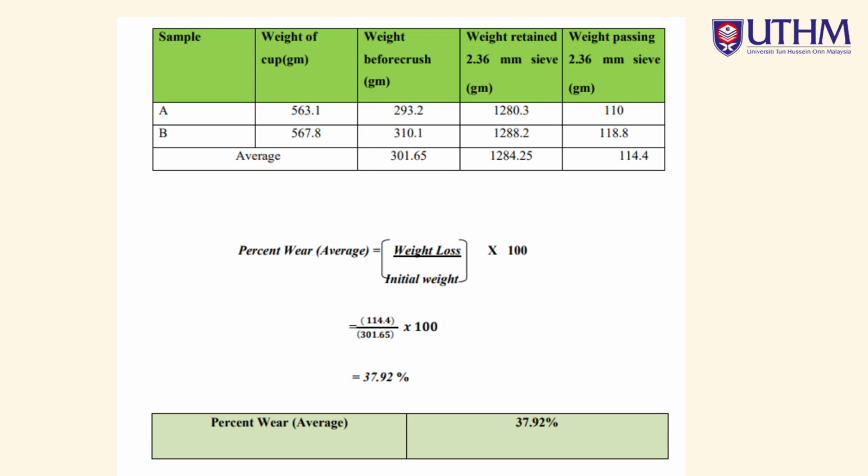For the calculation part, we need to find out the percentage wear average value. To find out the value, the weight loss should be divided by the initial weight and multiplied by 100.